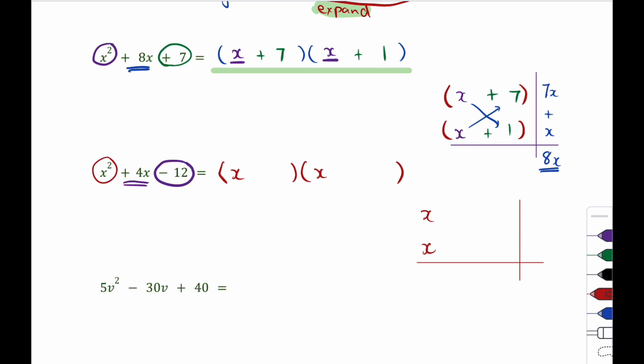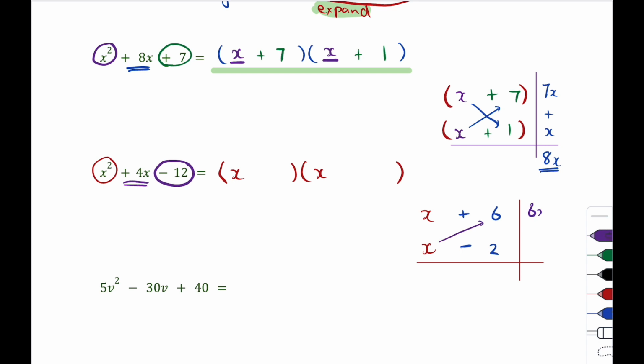So now I want to choose the correct factors. Now 4 and 3 would not give me 4x in any way, but 6 and 2 would, because if I have a positive 6 and a negative 2, that could give me 4x. So if I have a 6 and a 2, and the 6 was a positive number and the 2 was a negative number, let's see how that would multiply out.